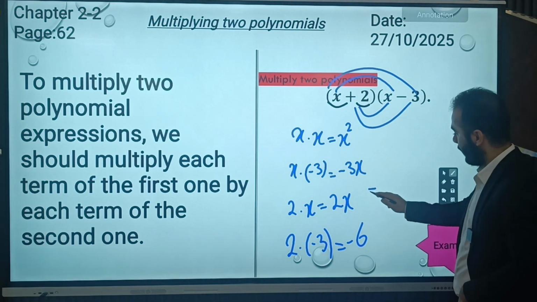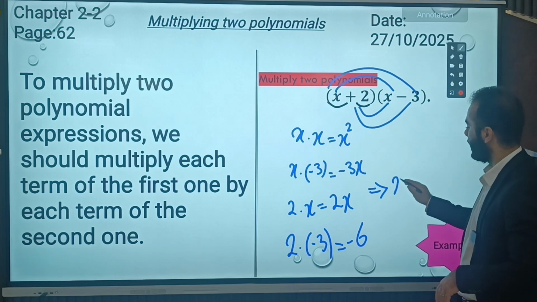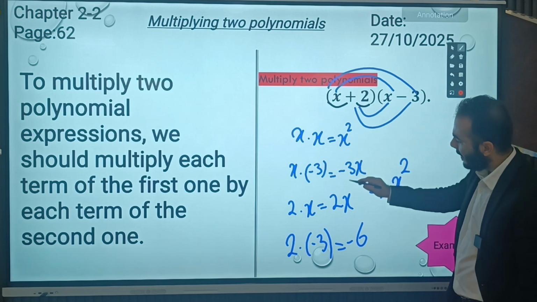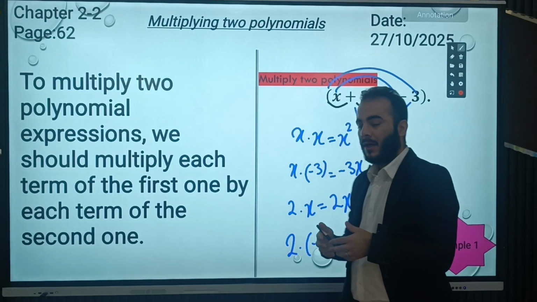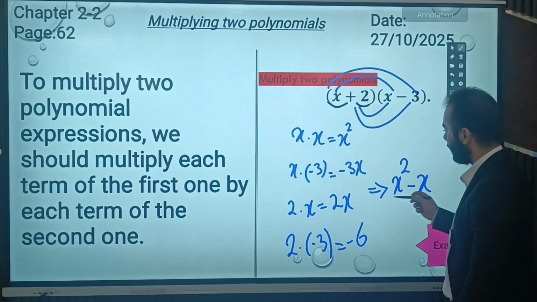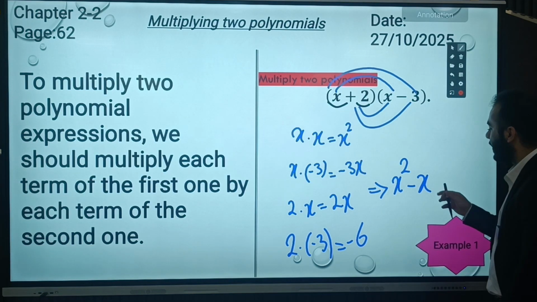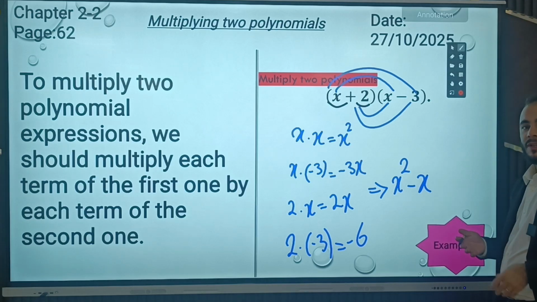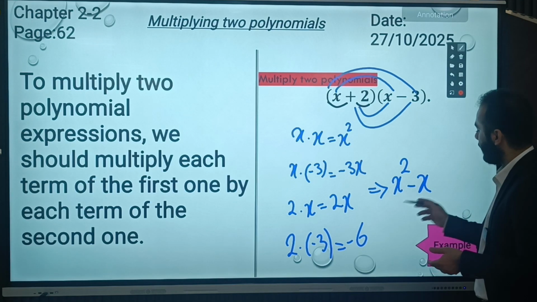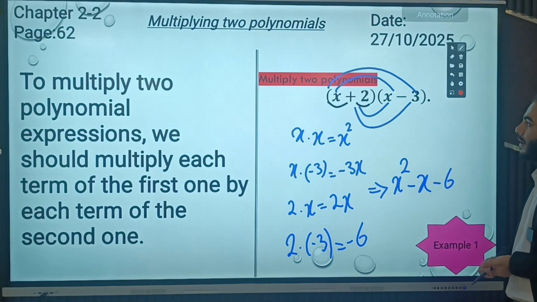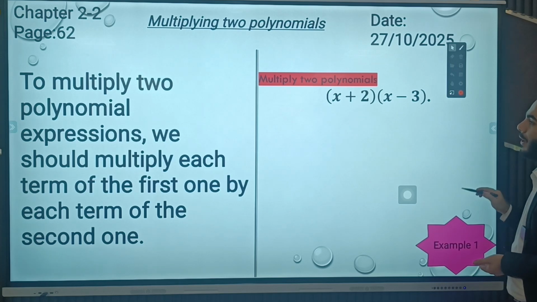So if you want to write the result, we can say it's equal to x squared minus 3x plus 2x. They are like terms, so if you operate them, it's going to become negative x, because negative 3 and positive 2 together become negative 1. And x will stay the same because we are not going to change the variable when we add or subtract. And finally, minus 6. That is the result of this multiplication. We have got more examples, don't worry.